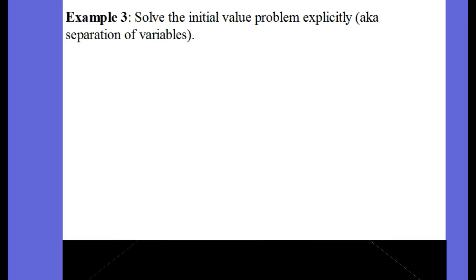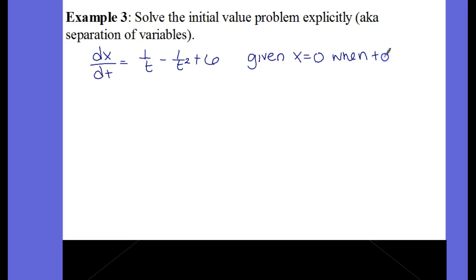Okay? Again, we have a little bit of a mix-up now. Now it's dx/dt equals 1 over t minus 1 over t squared plus 6, given x equals 0 when t equals 1.